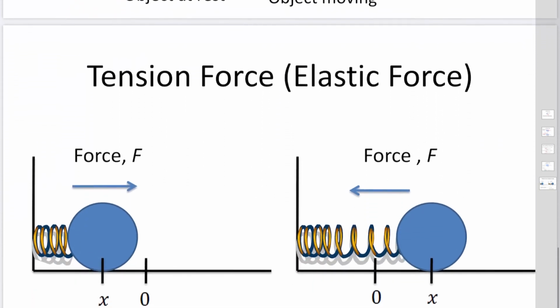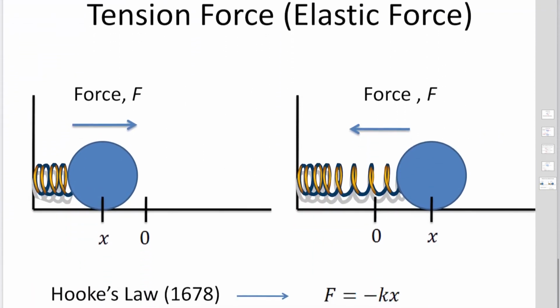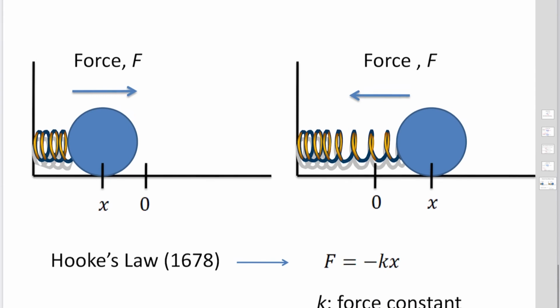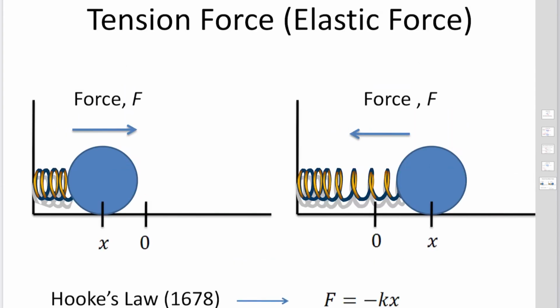And one more contact force is the tension force. A spring tries to return to its original state. This is the tension force. Here x equals 0 is the natural length. When the spring is compressed, x is negative.